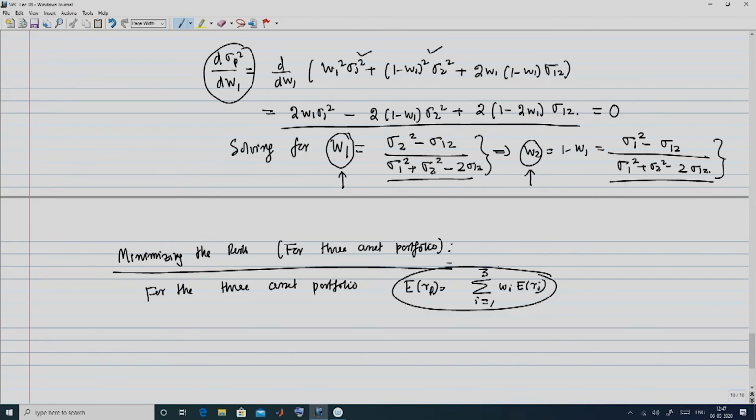Now, we need to figure out what σp² is going to be. Here we recall that σp² is W1² σ11 plus W2² σ22 plus W3² σ33 plus 2 W1 W2 σ12 plus 2 W1 W3 σ13 plus 2 W2 W3 σ23.